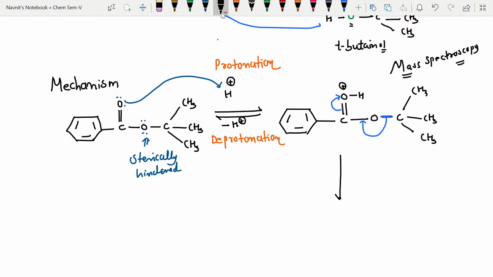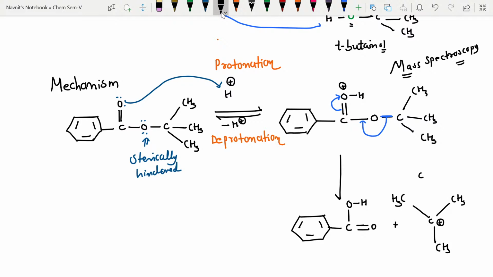So what happened here? The double bond now becomes a single bond, so we get OH here, and here we get a double bond O, and what else do we get? Carbocation, because you can write this carbocation in this fashion.